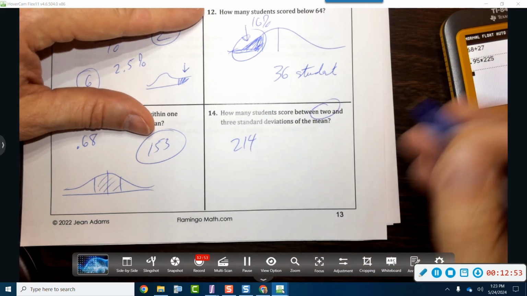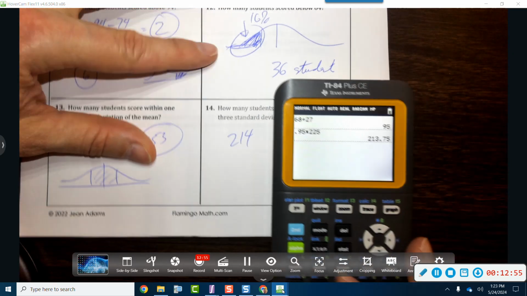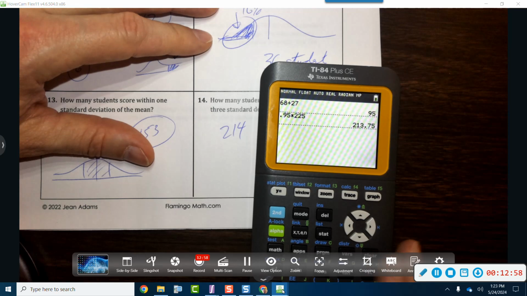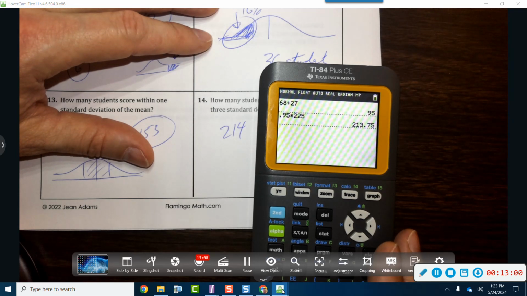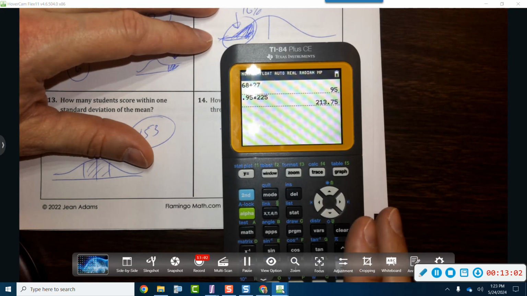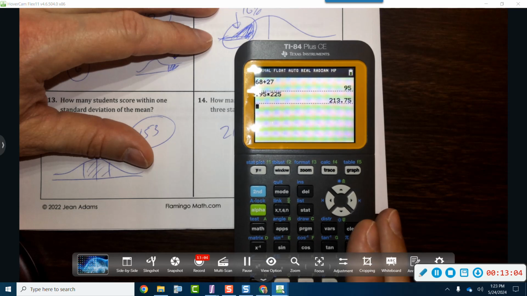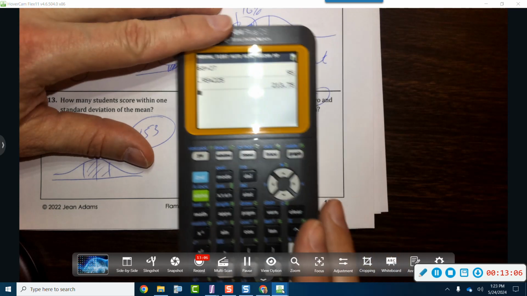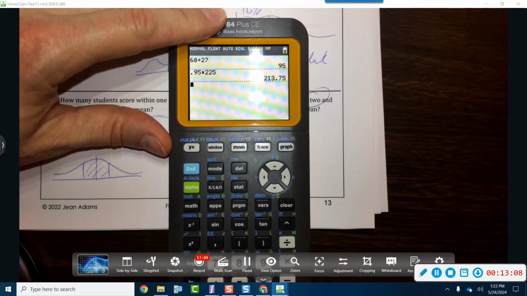And then for 3 standard deviations, that would be 0.99. For 3 standard deviations, the tails are 0.4, so we're going to take 100% minus 0.4 minus 0.4.